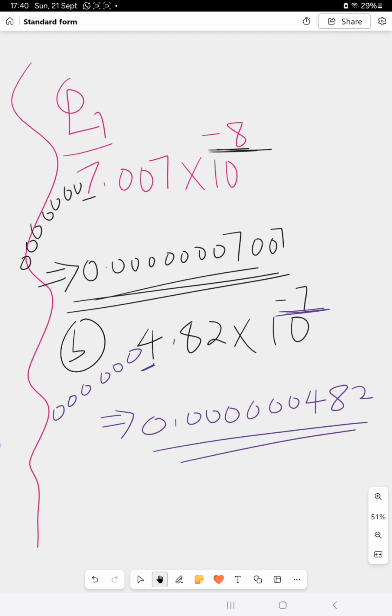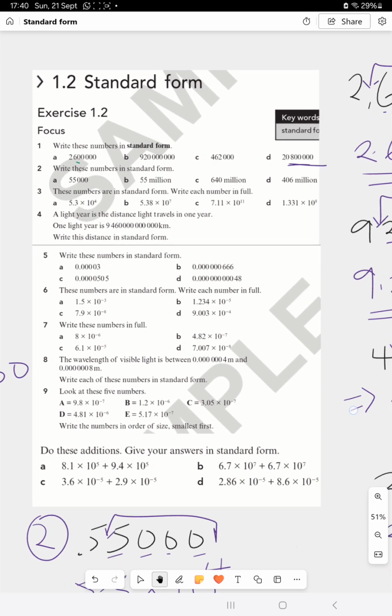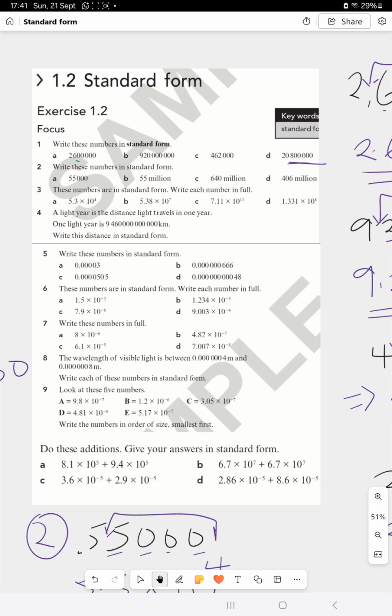Now let's see if there is another challenging question. Look at question 8. The wavelength, you are given that one. Basically, you are needed to write this one in standard form. Allow me to write it here. Very simple. We are bringing the decimal from this point all the way to here.